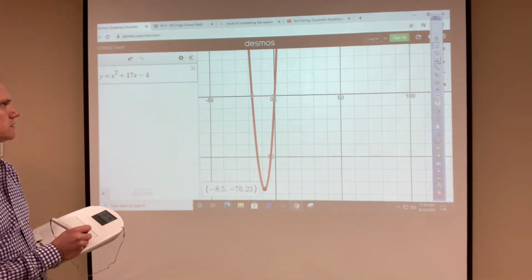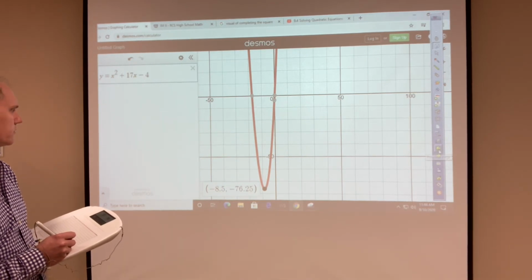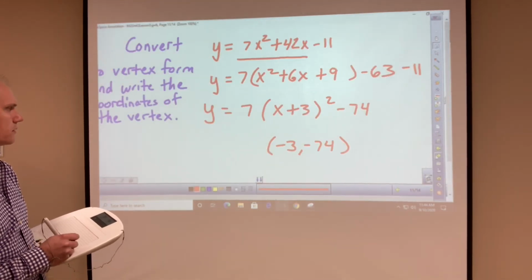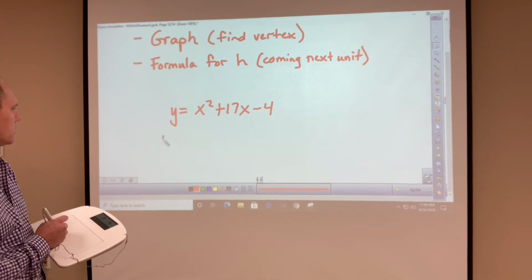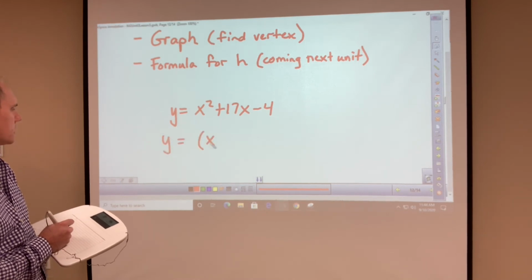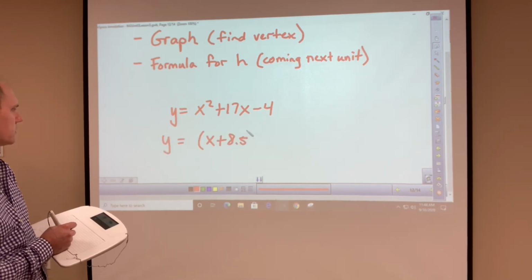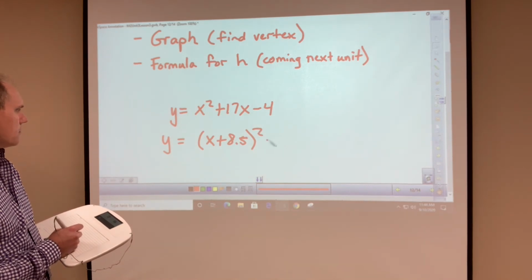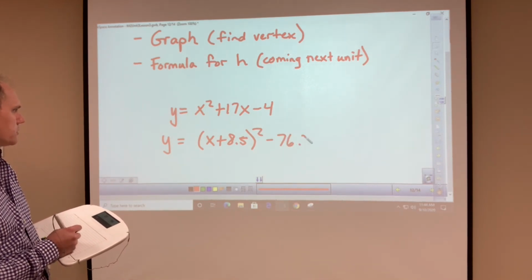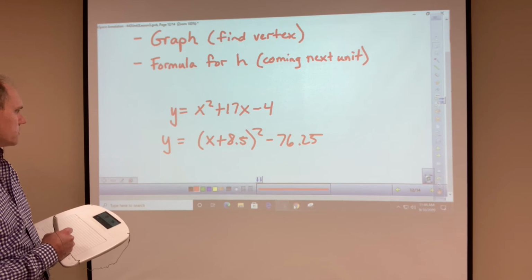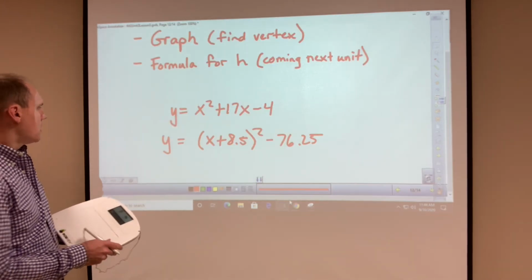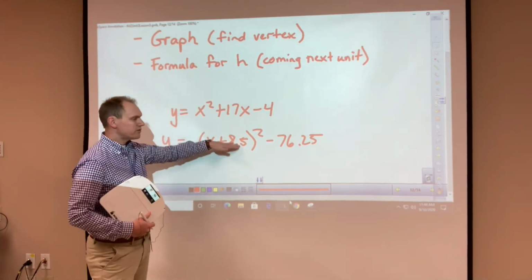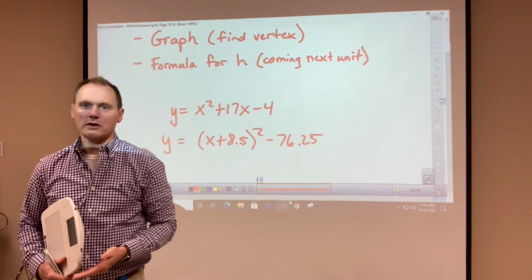So that means that our vertex form would be x plus 8.5 squared minus 76.25. Yep. So we just converted it from standard form to vertex form just by using our calculator.